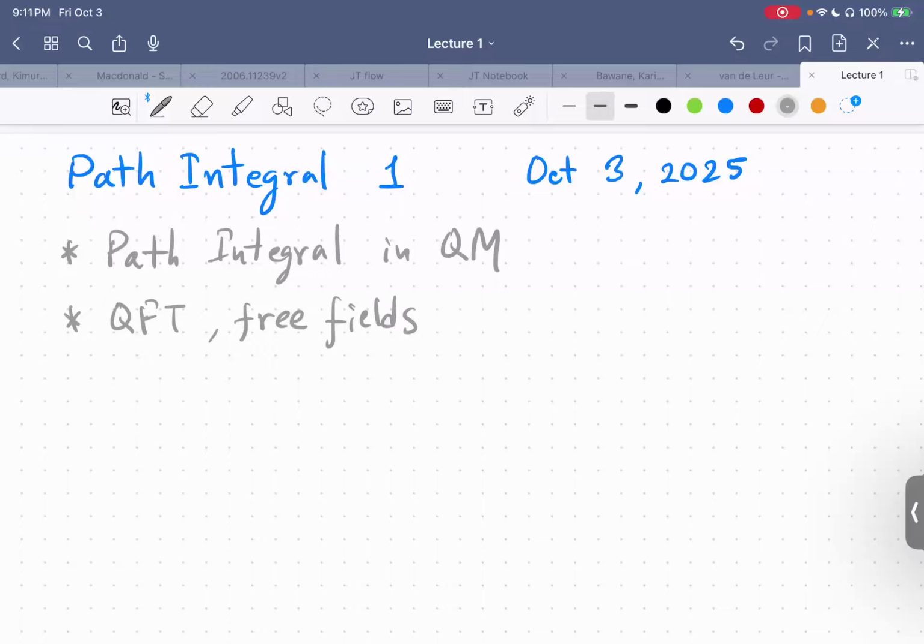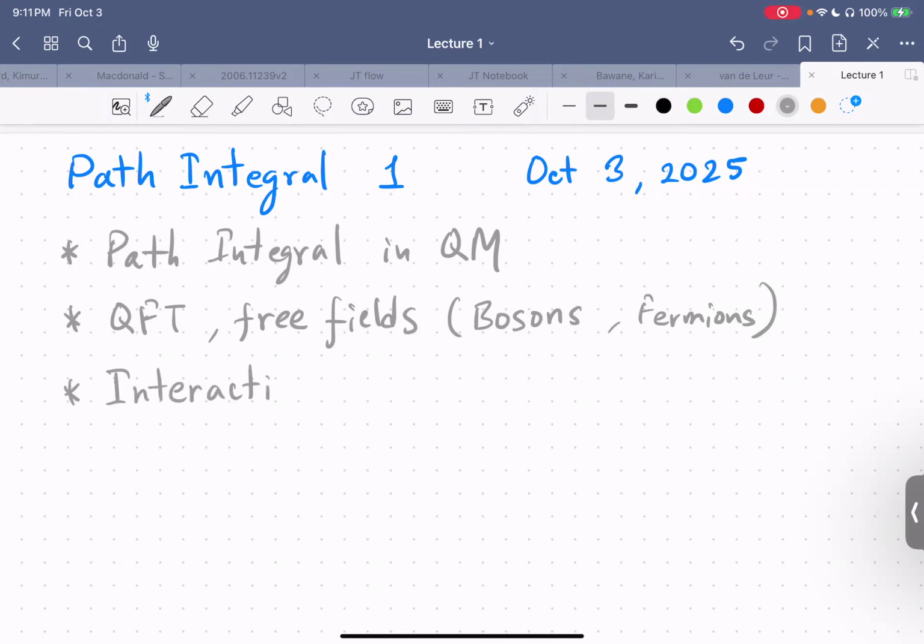And this will include both bosons and fermions. And the next week's lecture will be about interacting QFTs. So that's the rough idea. And later we will resume lectures again with gauge theories, but for now, this is the plan.